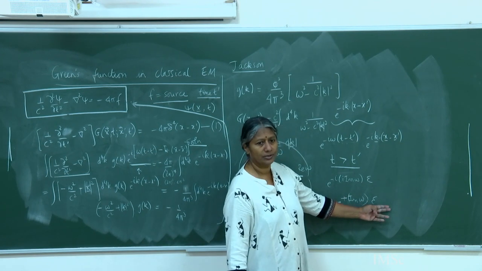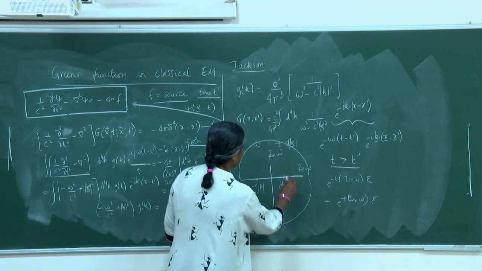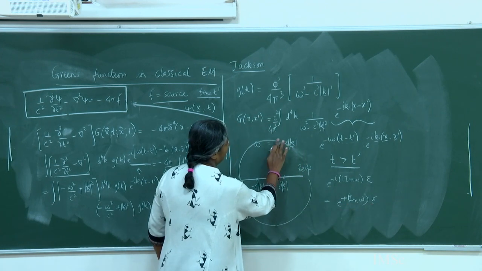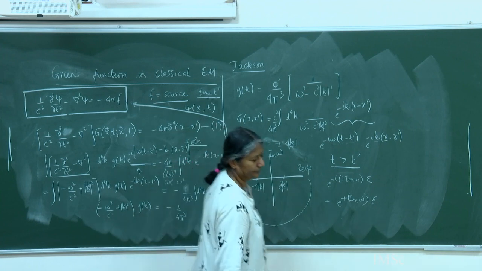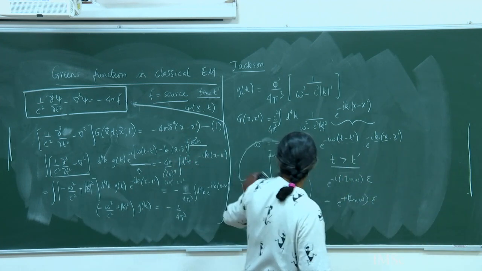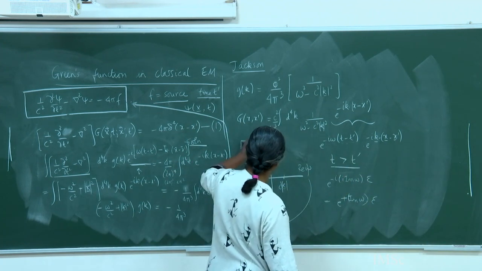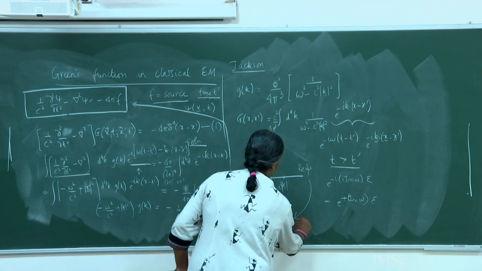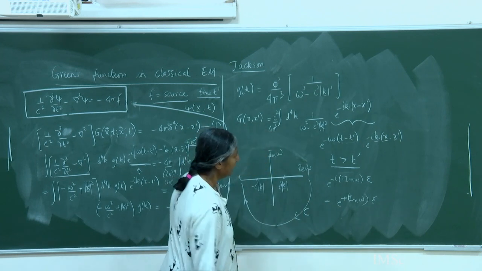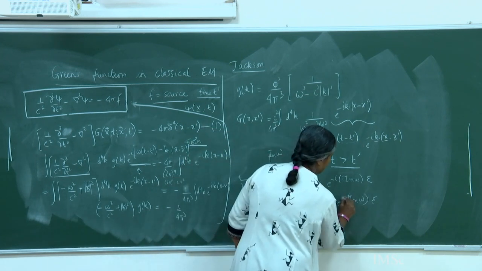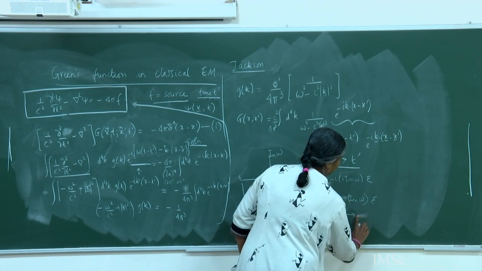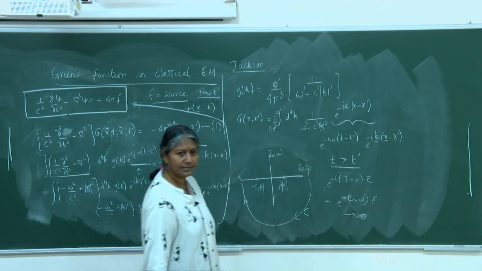So I don't want this. So what I will do is close the contour below. Then im omega is negative and large, and this goes to 0 and is well behaved. Is this clear?